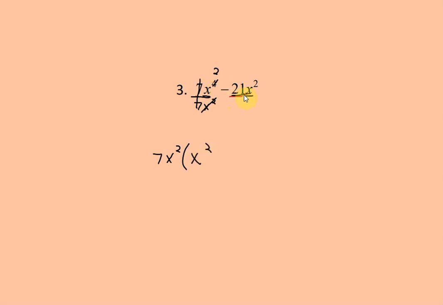And then in the second term, if I divide negative 21x squared by 7x squared, well, the x squareds are the same, so they're going to cancel out. Negative 21 divided by 7 would give me a negative 3. So this would be my solution.